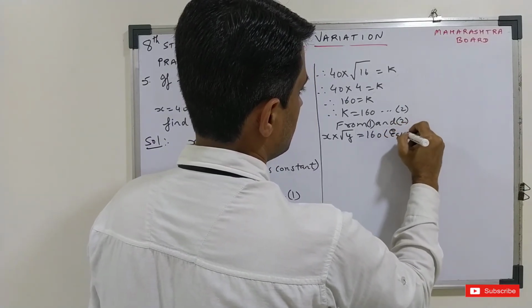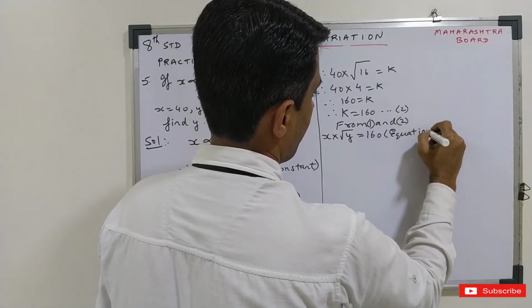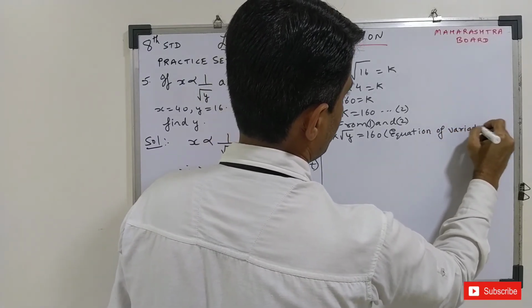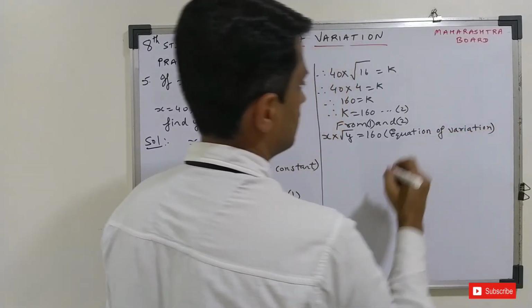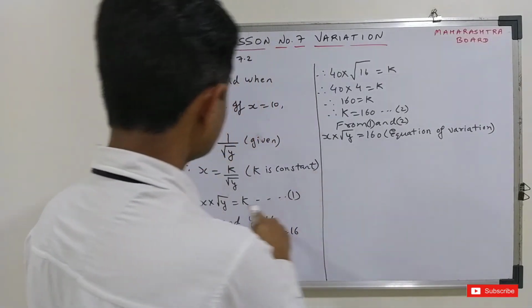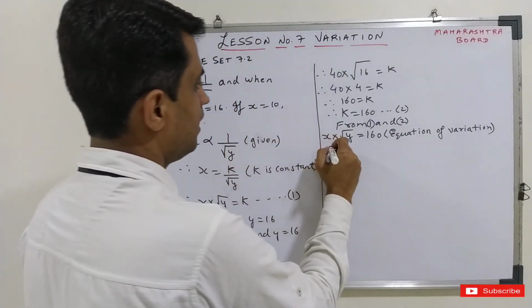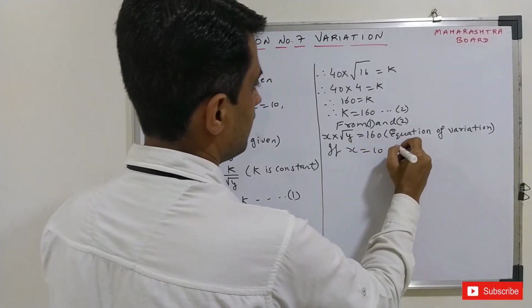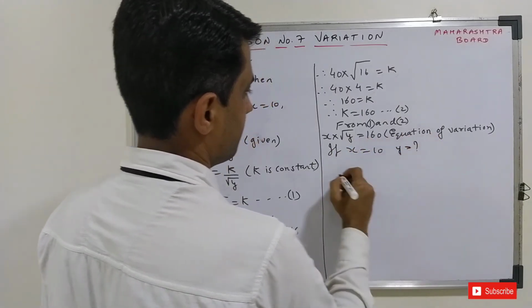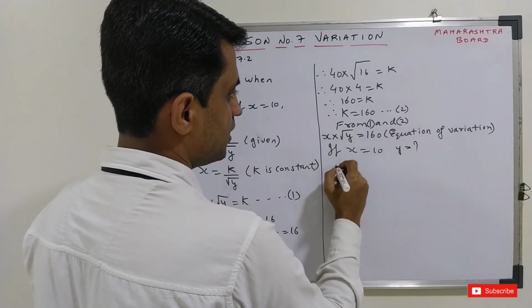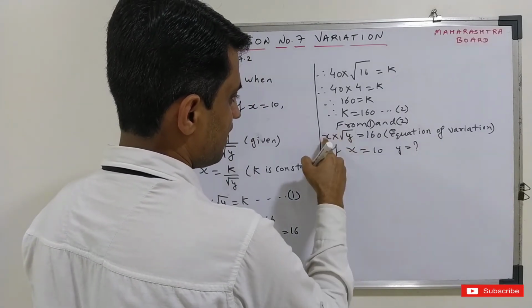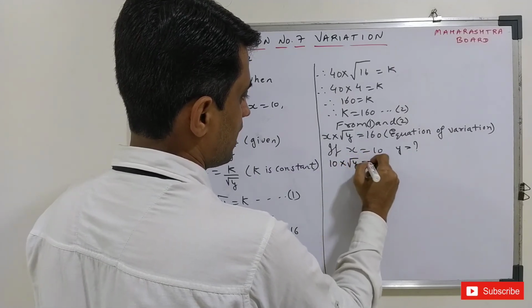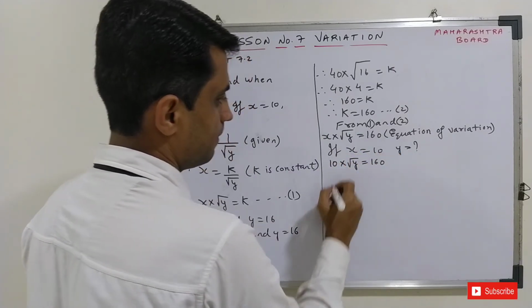Yes, the equation of variation. Now, what did I ask you? If x is equal to 10, then they are asking you to find y. So let us substitute here. Instead of x, what will we write here? 10 into root y is equal to 160.